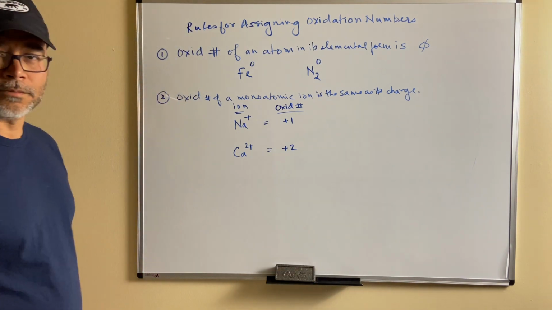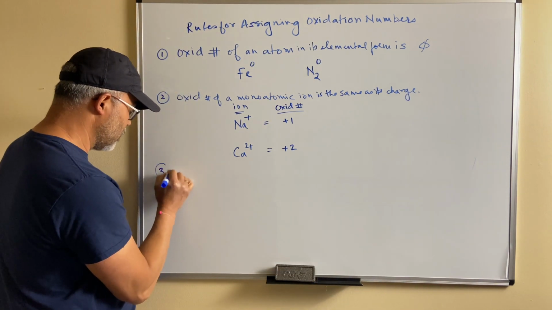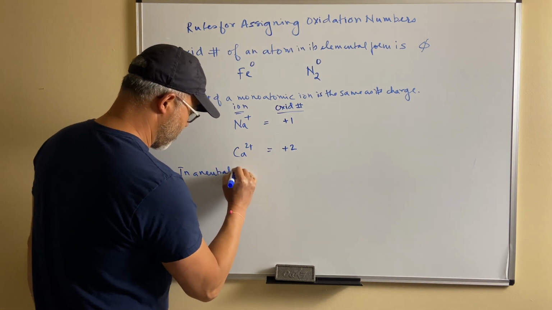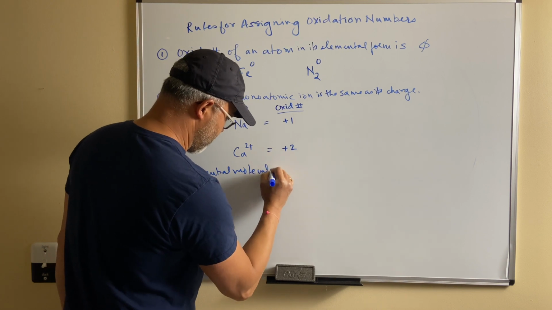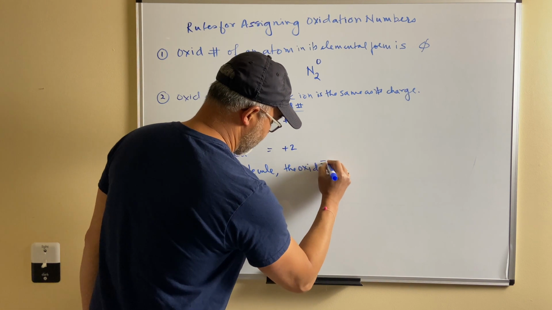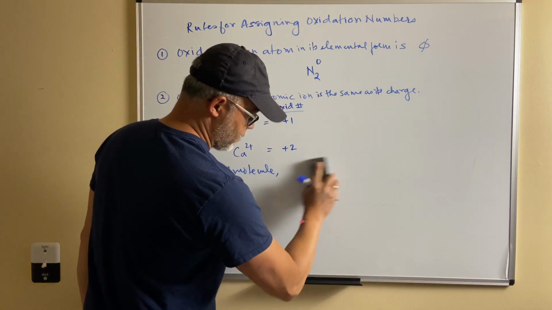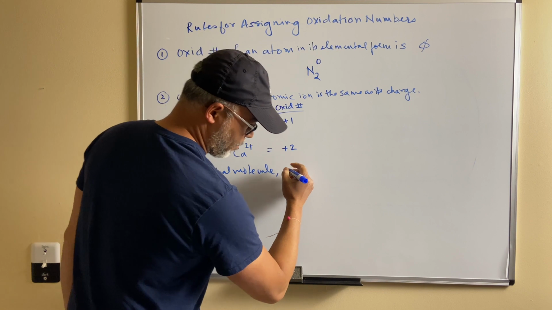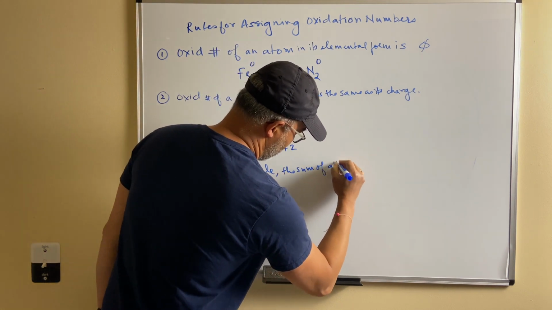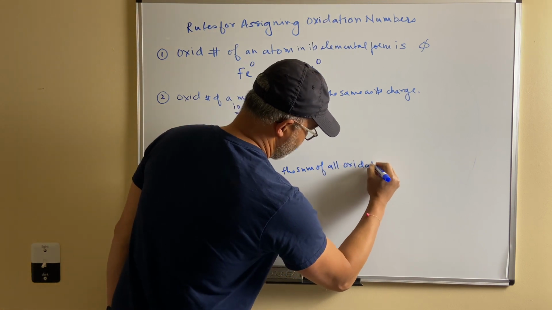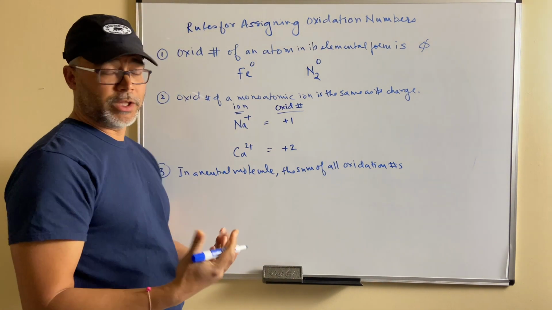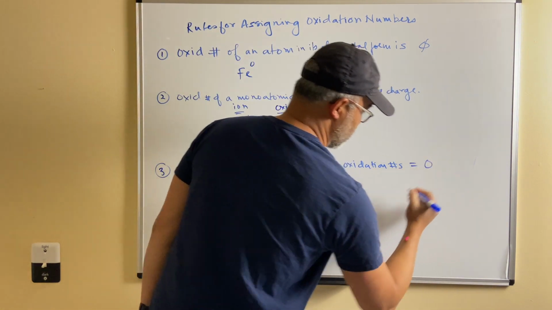Let's take a look at the third rule. In a neutral molecule, the sum of all oxidation numbers, so that means of all the atoms constituting the neutral molecule, is always equal to 0.